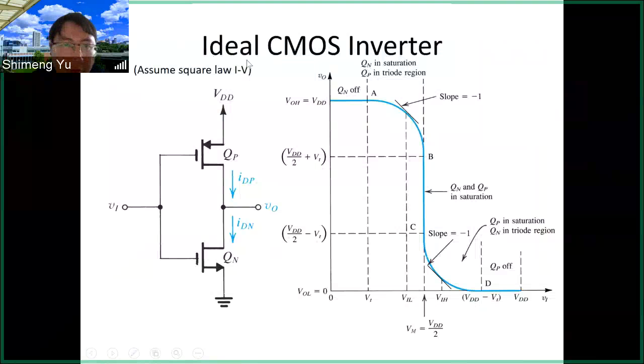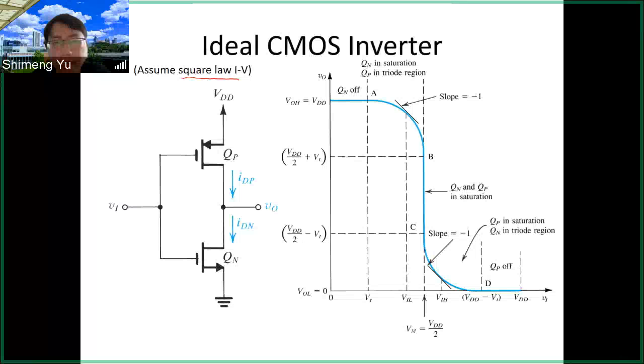So here ideal means we are going to assume the square law IV. That is the first order IV model as we discussed in lecture 11. So we ignore the channel length modulation effect, and we also ignore the sub-threshold current. Then this is the very simple first order square law IV.